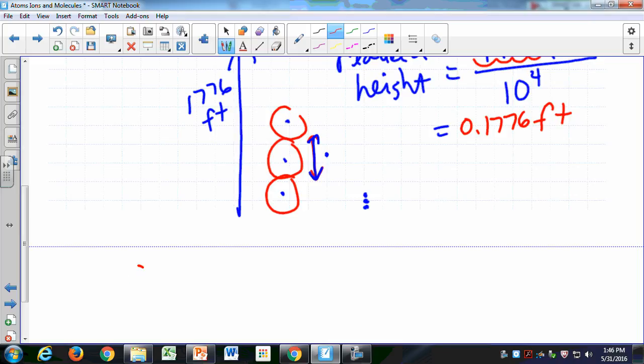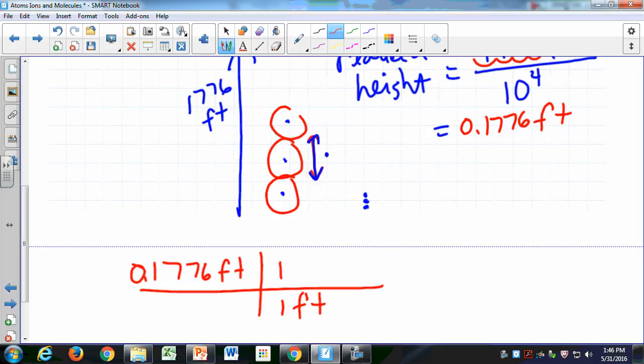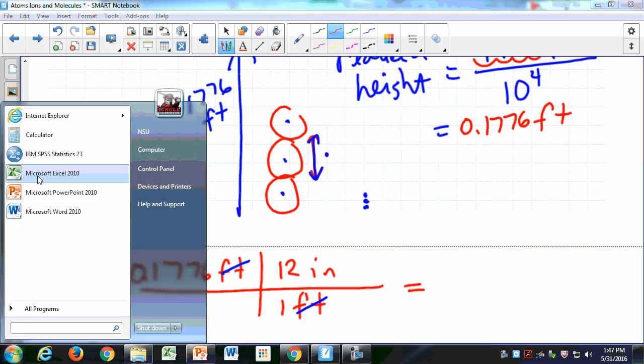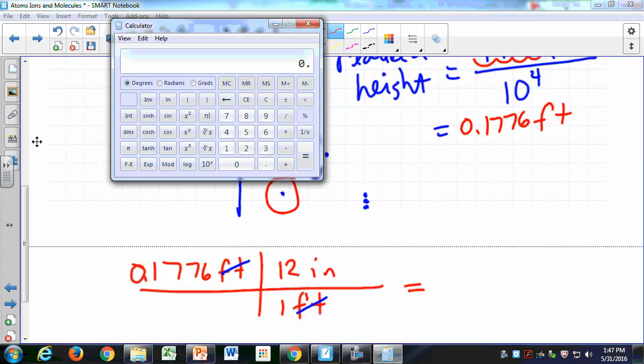Let's change that to inches. One foot is how many inches? 12 inches. Okay. So let's do our unit conversions. 0.1776 times 12. This one I need a calculator. That's 2.13 inches.